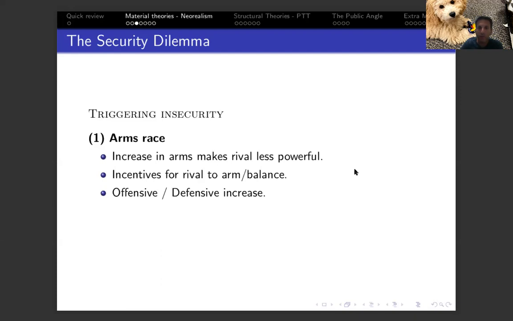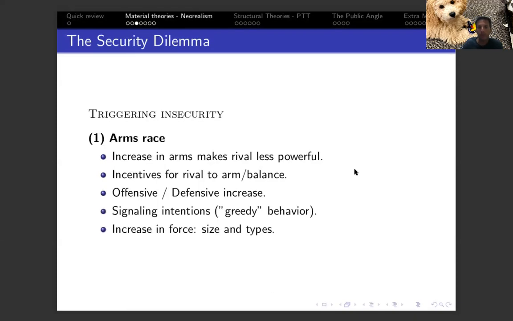What's also important here, before getting to the point of signaling intentions, is that the size of the increasing power, as well as the type of power that I'm deciding to engage in an arms race, also matters. If I'm deciding to increase my ground forces, that actually enhances both my defensive capabilities as well as my adversary's defensive capabilities, if he engages in the same type of action.